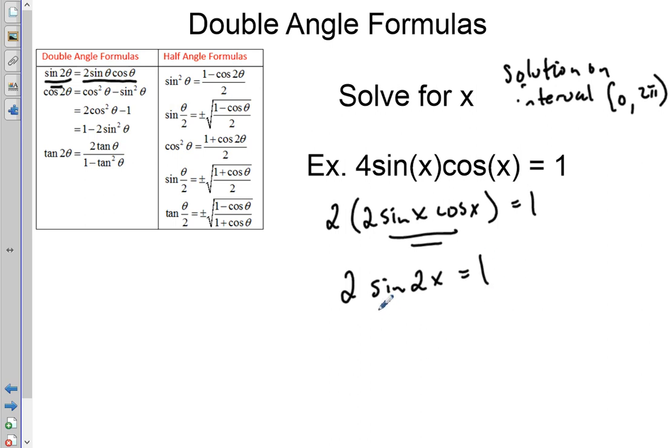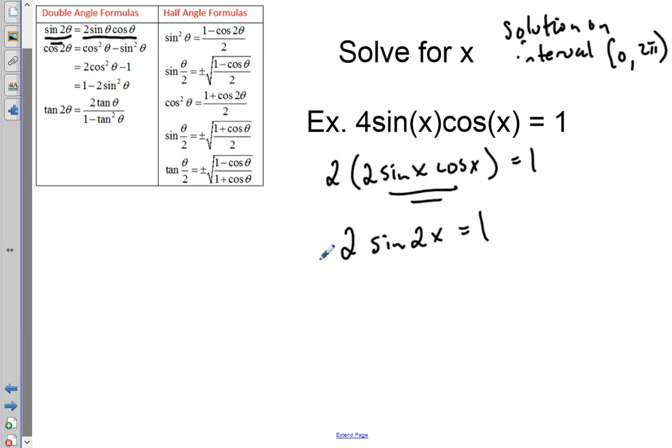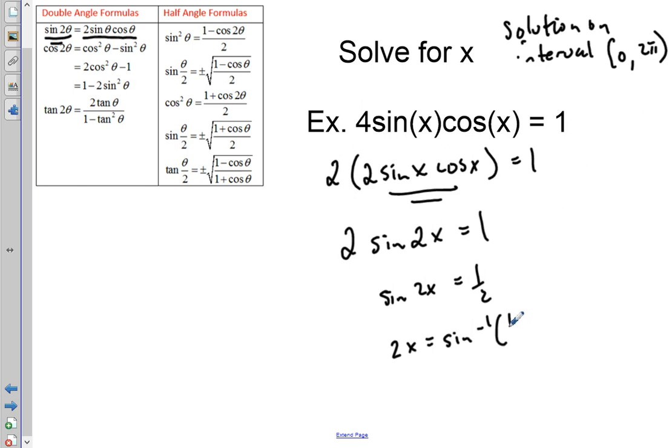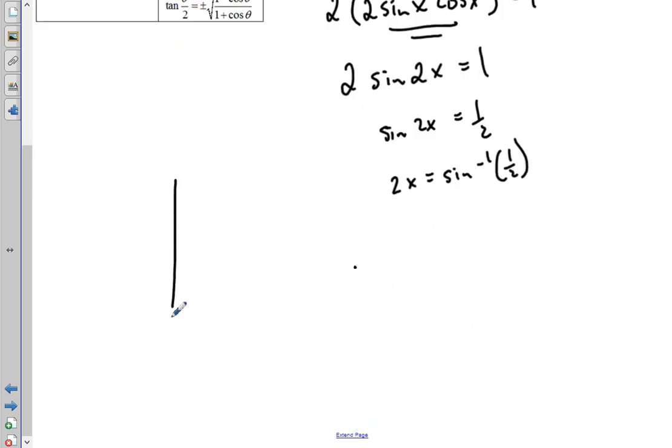So now we have one single term. We're going to divide by 2, so we have sine of 2x equals 1/2. We're then going to take the inverse sine of both sides. Sine is positive in the first and second quadrants.